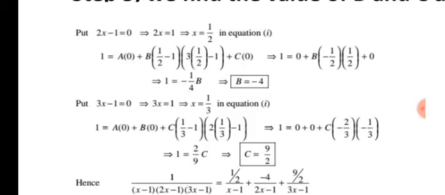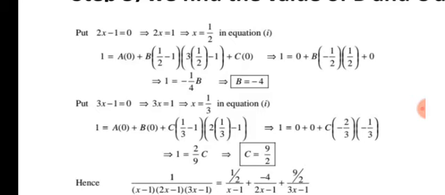So the first equation will become 1 is equal to a into 0, as 2x minus 1 was multiplying with a, so a will be cancelled out by 0.